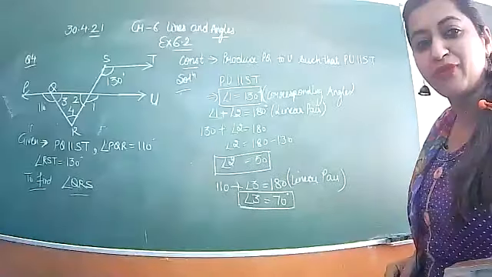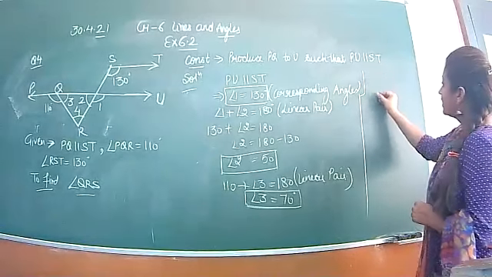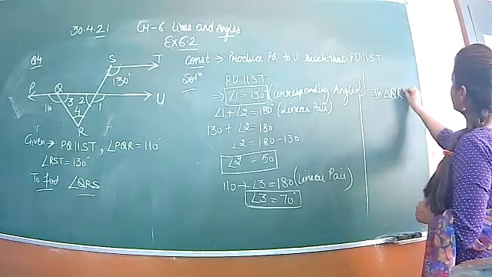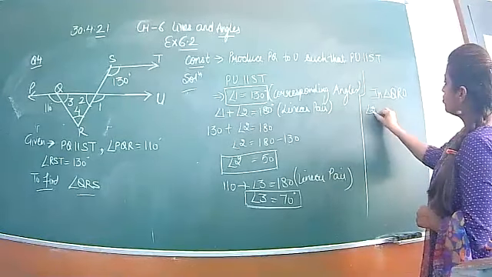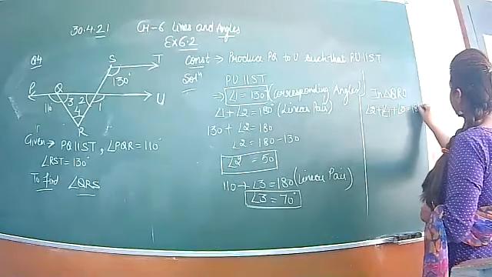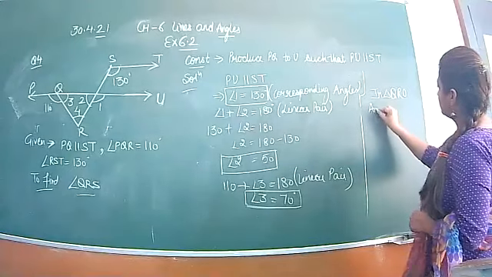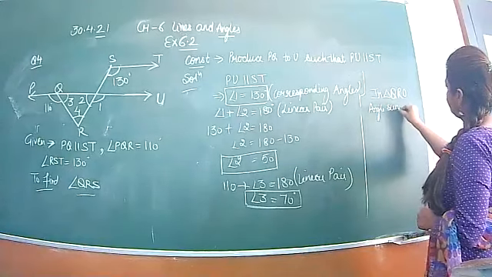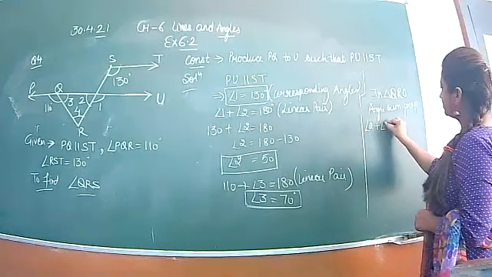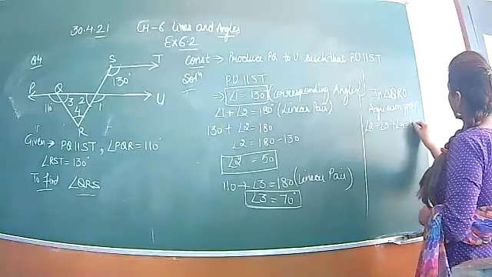For angle number 4, you will use angle sum property in a triangle. In triangle QRO, angle 2 plus angle 4 plus angle 3 is equal to 180 degrees. Angle sum property: angle 2 plus angle 3 plus angle 4 is equal to 180.